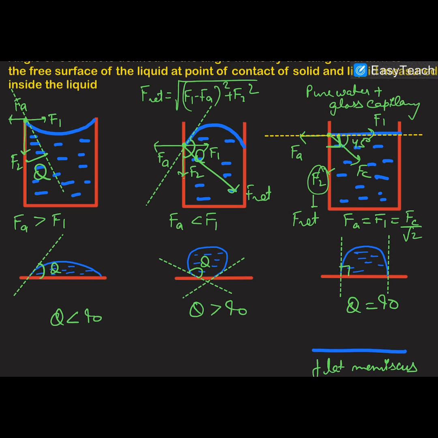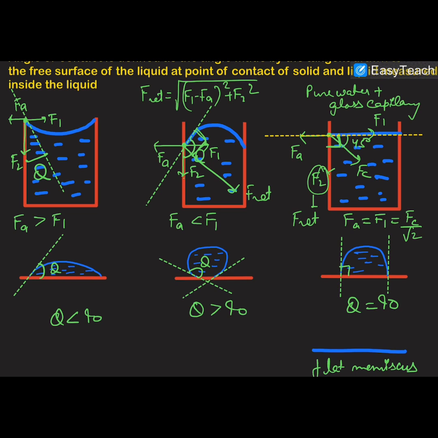And obviously as this net force is acting in this direction, the free surface will align itself perpendicular to this net force, and therefore this angle will be the 90 degree angle. This angle I'm talking about.